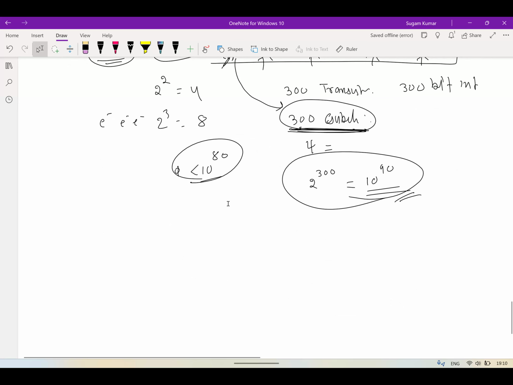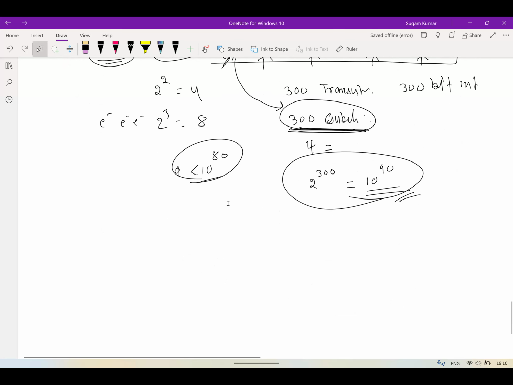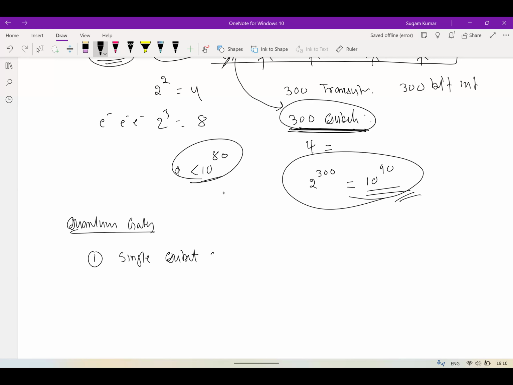This is where we will spend some time on these quantum qubits and how they are different from classical bits. Using these quantum qubits, we can make different gates. So we will focus on the quantum gates, that is our next topic in this lecture. We will focus on single qubit gates.